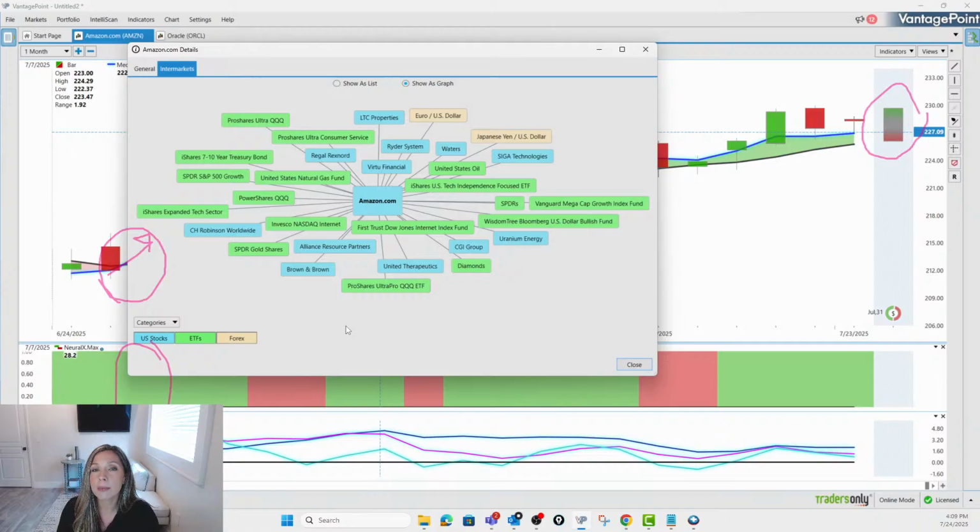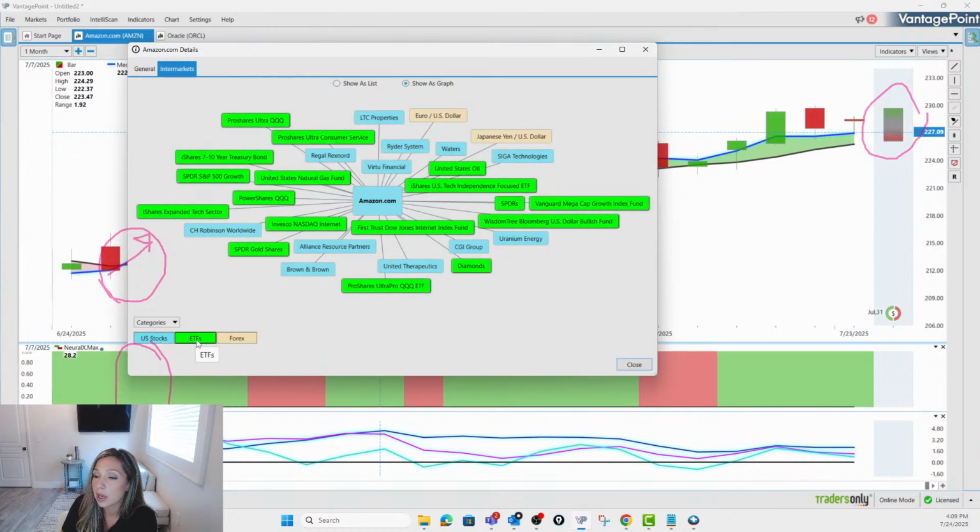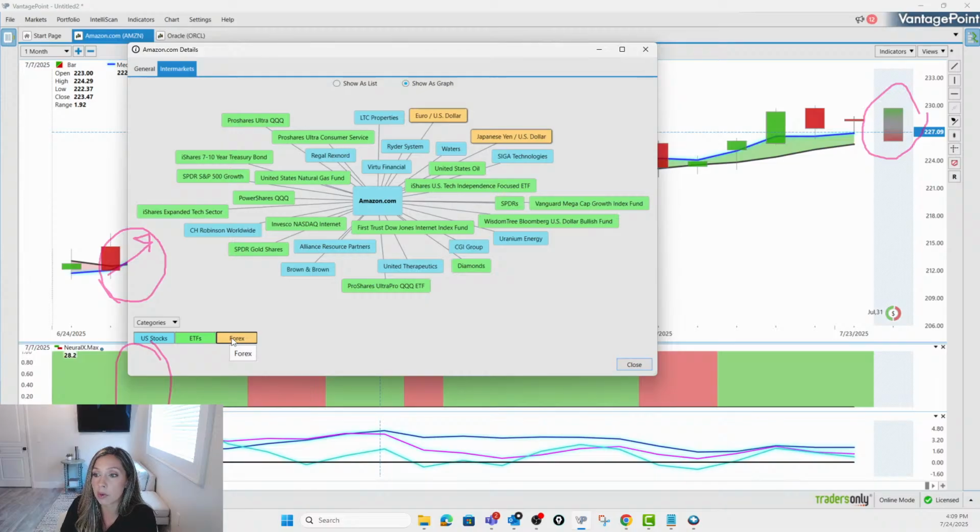There is this inter-market analysis that happens with any price movement in a stock. There are other markets that are pushing, pulling, and driving. Here you can see there are US stocks, those are highlighted in blue. There are ETFs, those exchange traded funds that are actually impacting the way Amazon moves, and then Forex as well.